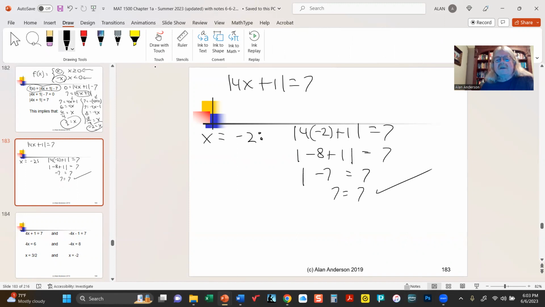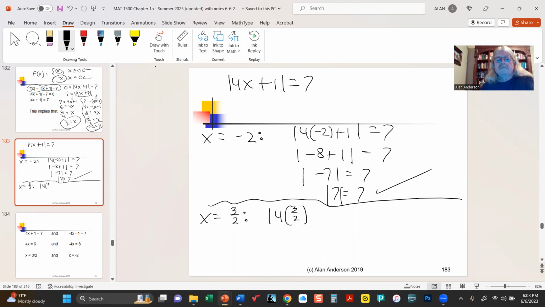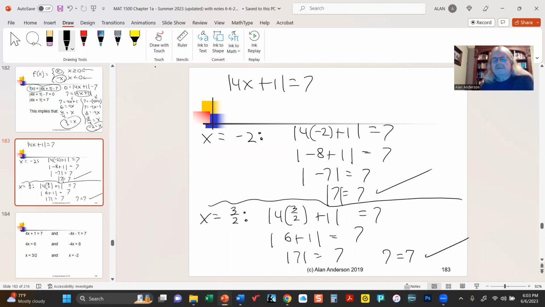You just want to be careful with these absolute value signs. All right, now what about 3/2? Let's see if that one works. Okay, so that's it. That means we've done it correctly.